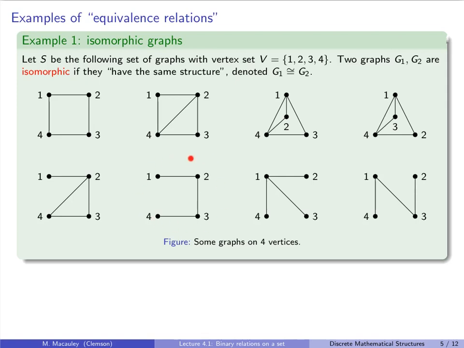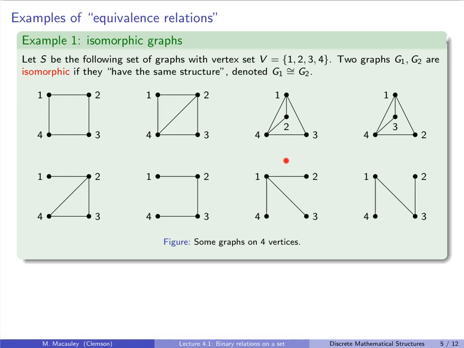Now this graph is a length 3 path, 1, 2, 3 to 4. That has the same structure as this graph, which is also a length 3 path, even though the vertices are labeled differently, 4, 1, 3, 2. We say that these 2 things are isomorphic. This graph is a 3 cycle with a spoke or an edge sticking out. That is not like anything else on this list.